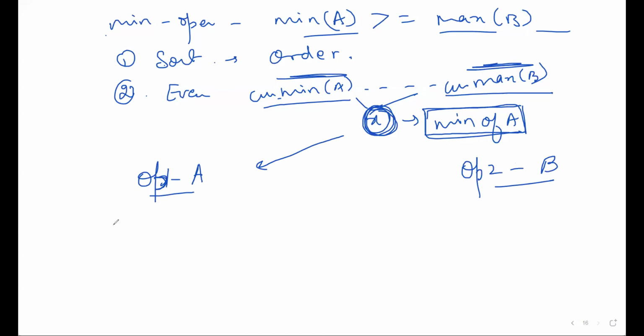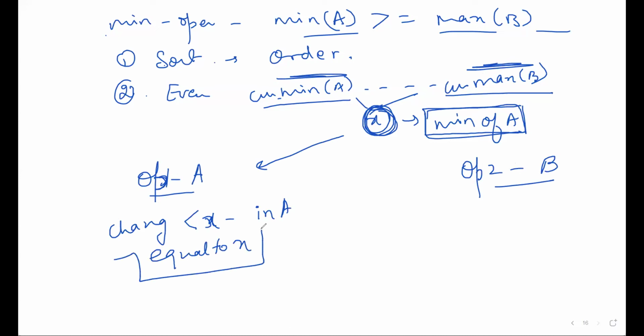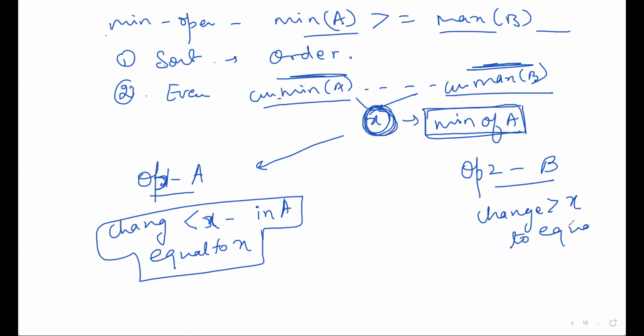You have to change all values less than x in array A to be equal to x. And in B, you have to change all values greater than x to equal x.